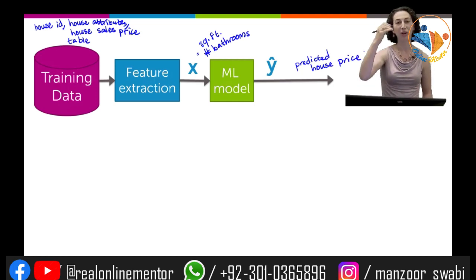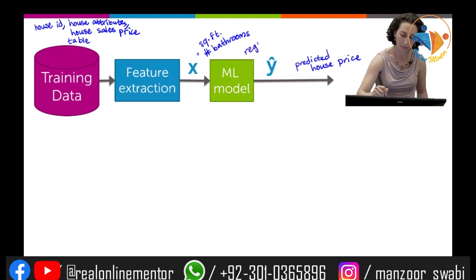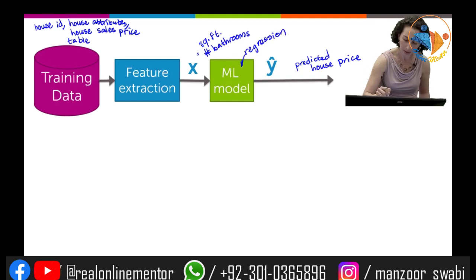And we're going to do this for every house in our training data set. We're going to take its associated features and shove it through this machine learning model and predict the house price. And what's the machine learning model we talked about? Well, in this case, it's regression. That's our specific machine learning model that we're looking at here.